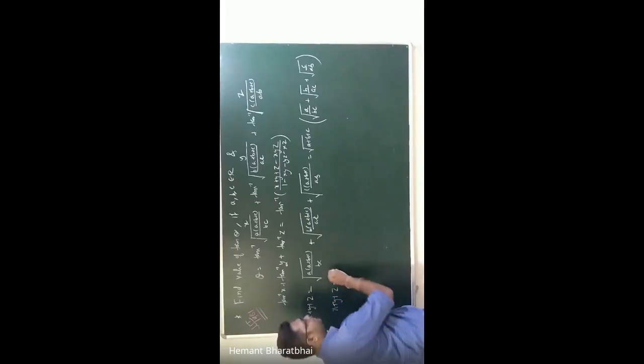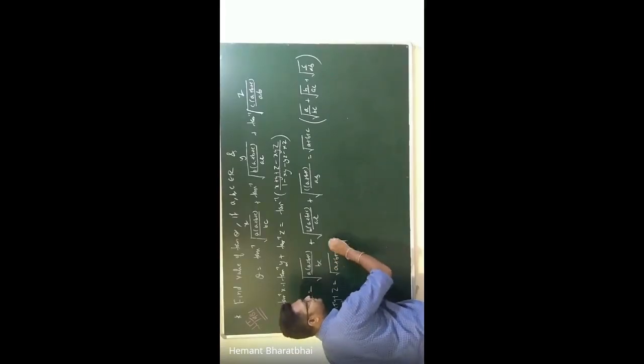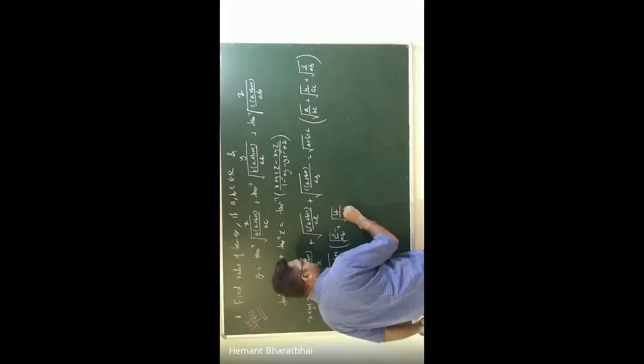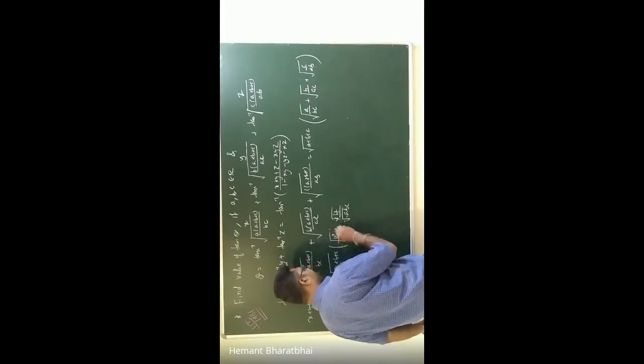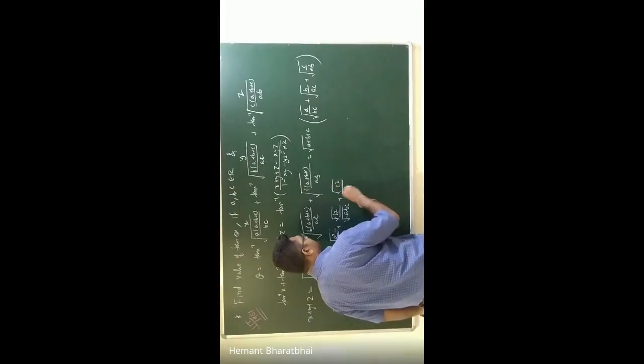As per the formula, I'll get it as root of a plus b plus c into square root of a squared upon abc, plus root of b squared upon abc, plus root of c squared upon root of abc.